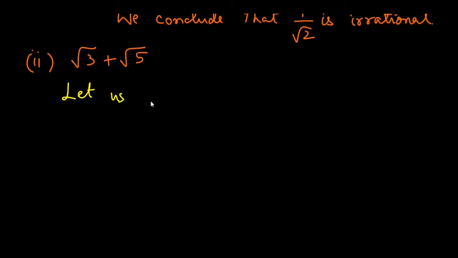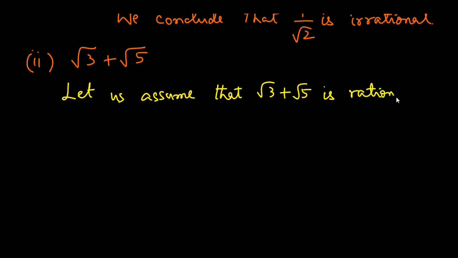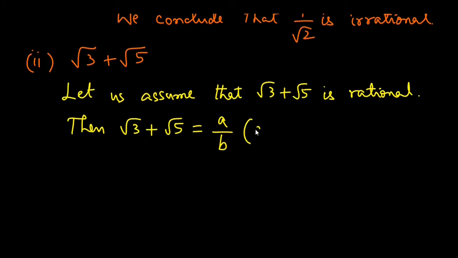Let us assume that root 3 plus root 5 is rational. Then we can write root 3 plus root 5 is equal to a by b, where a and b are coprimes, b is not equal to 0.